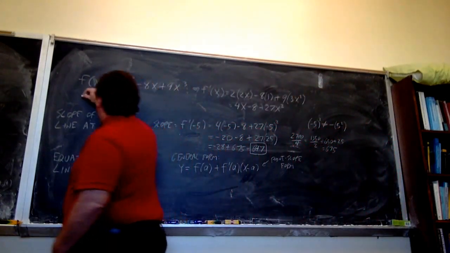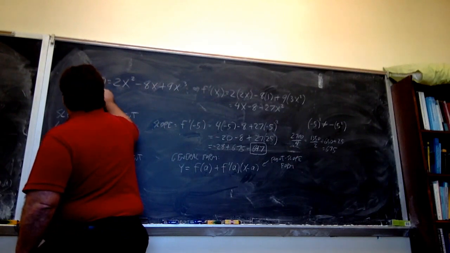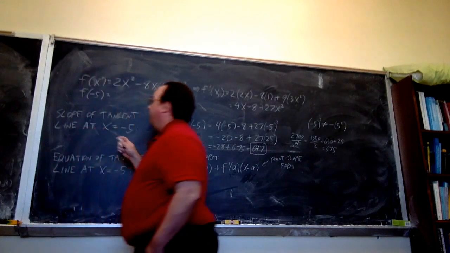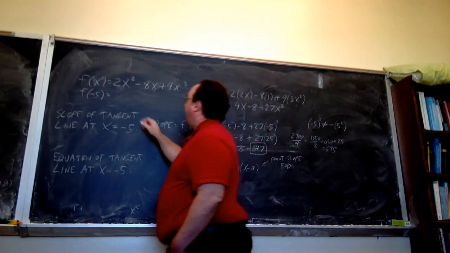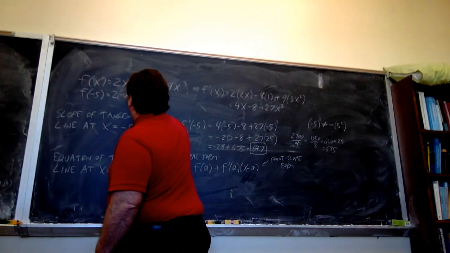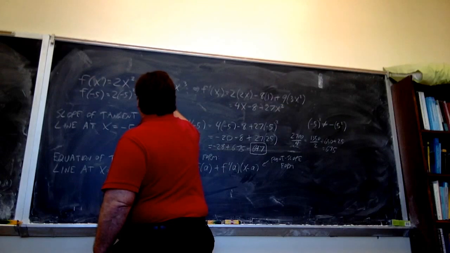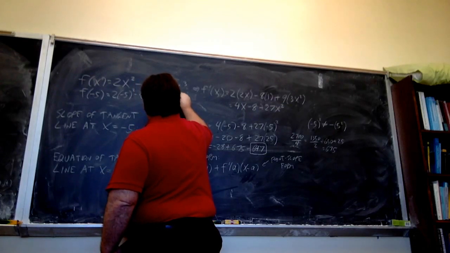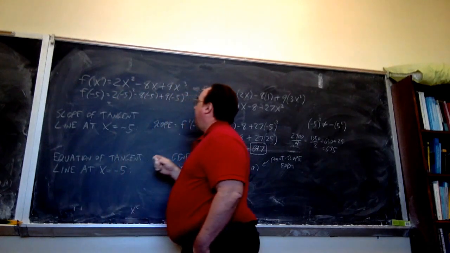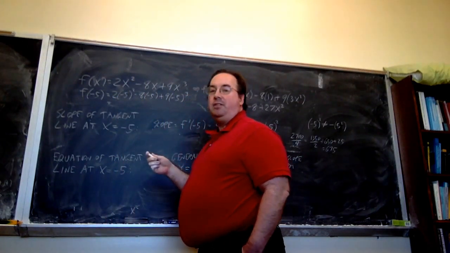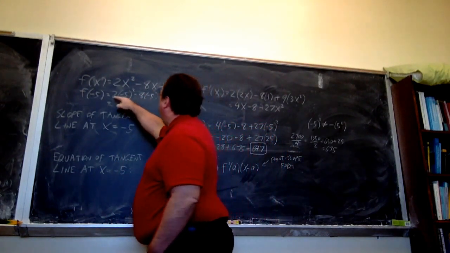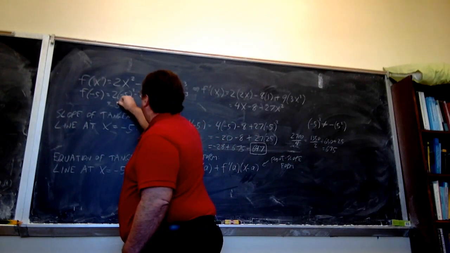So I go back here to my original function, f of minus 5. Substituting minus 5 in for x, I have 2 times minus 5 squared minus 8 times minus 5 plus 9 times minus 5 cubed. Minus 5 squared, remember a negative squared becomes a positive, so that would be 2 times 25, which is 50.